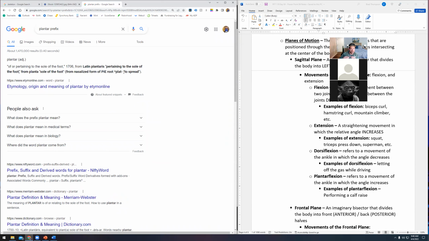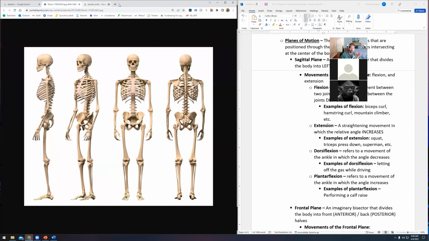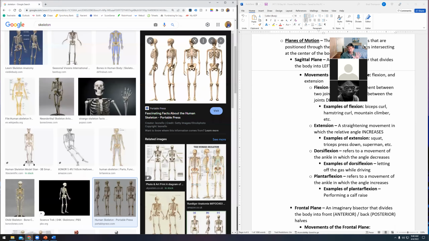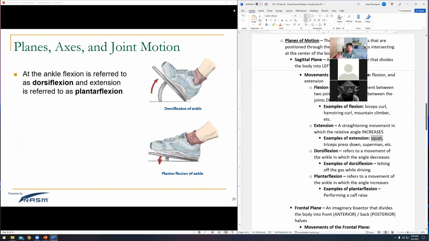It's like spreading butter. So the foot is spreading away from the body, and dorsi is towards the back. Anyway, can you imagine, what a pain. So this joint had to get special terms.